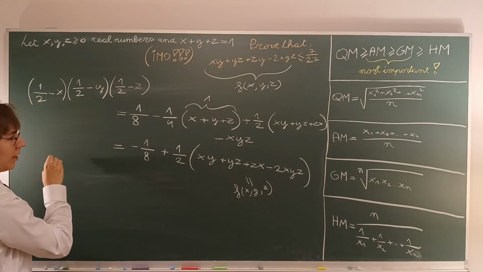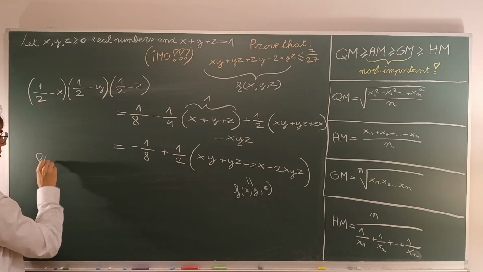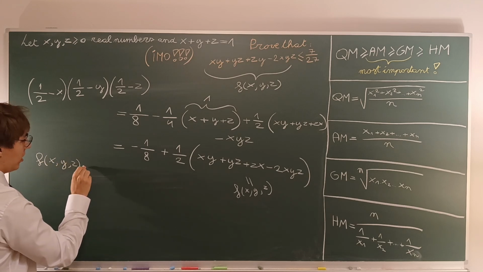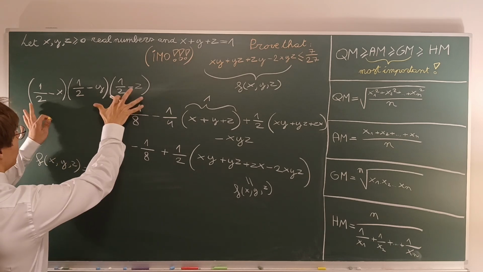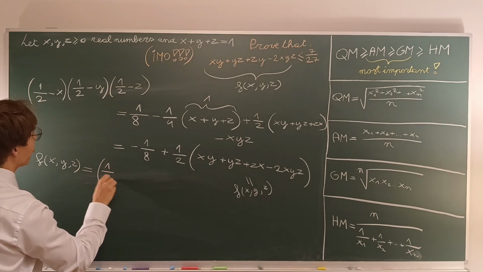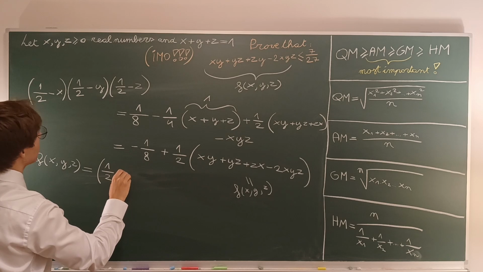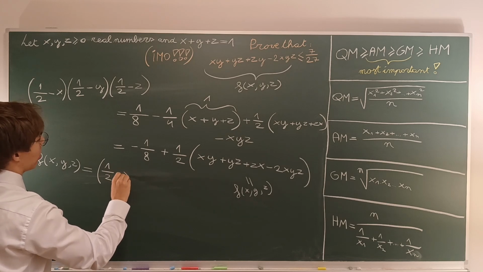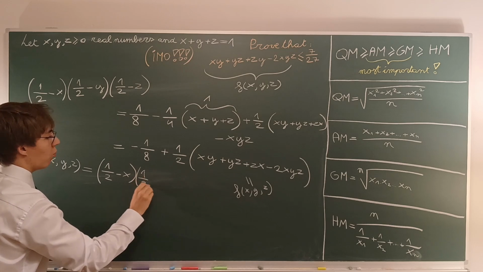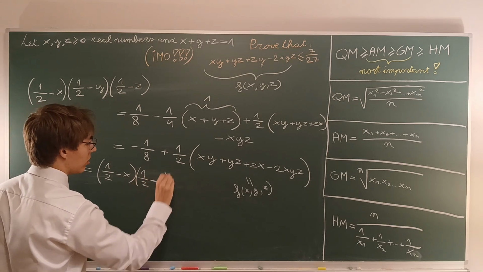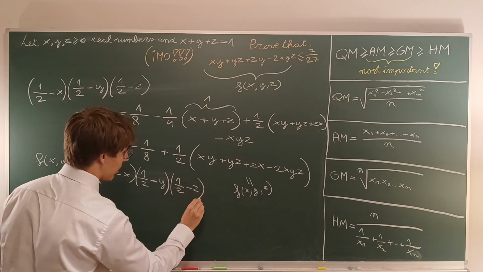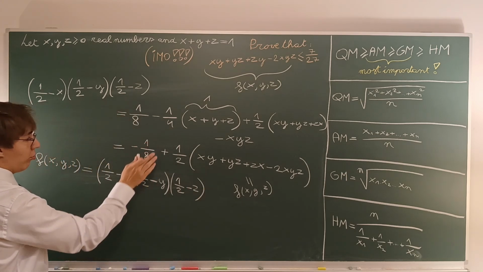We can say that f of x, y, z is equal to this product, 1/2 minus x times 1/2 minus y times 1/2 minus z, plus 1 over 8.